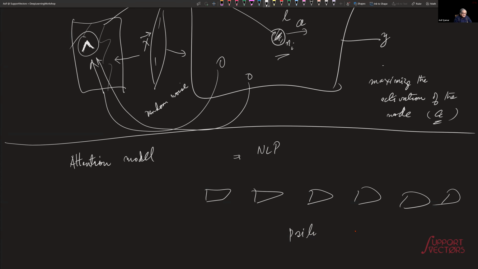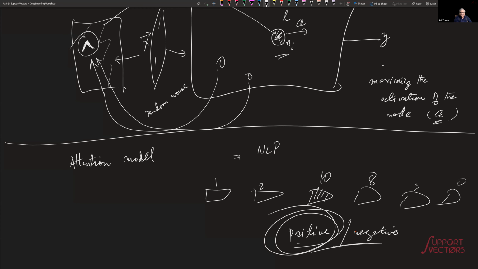Let's take a basic example, positive or negative sentiment. So you know that in coming to this decision, it has paid attention to some words to different degrees. So it can highlight the words. It can say, I paid 10, 8, 2, 1, 3, 0. This much attention I paid to the different words in coming to the conclusion that this is a positive sentiment sentence.